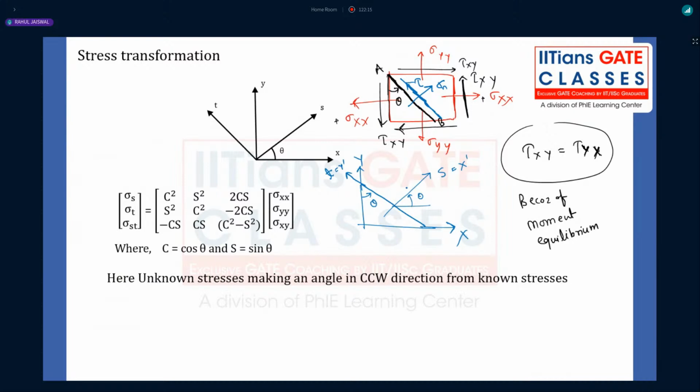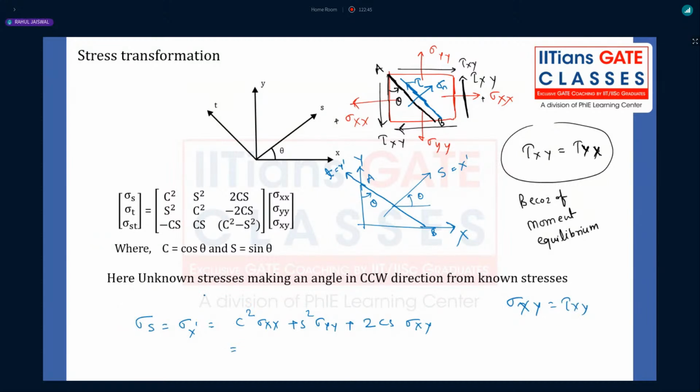Tell me, guys. Now, if you want to find the normal stress, sigma x dash, at this particular plane AB, how can you find it? Just use this equation: sigma x dash is c square sigma xx plus s square sigma yy plus 2cs sigma xy, where sigma xy means tau xy.